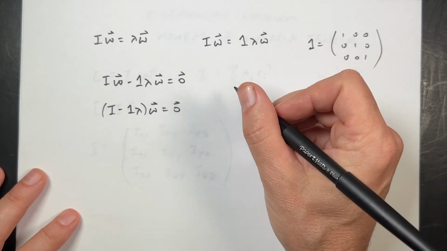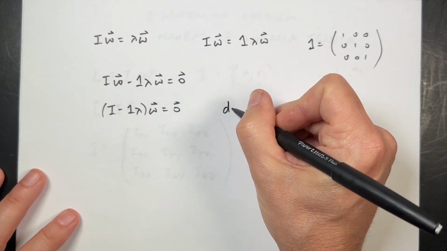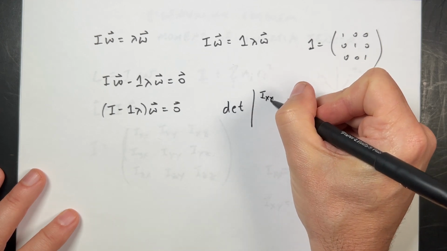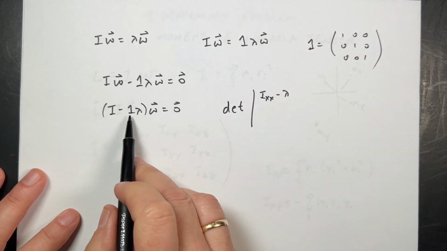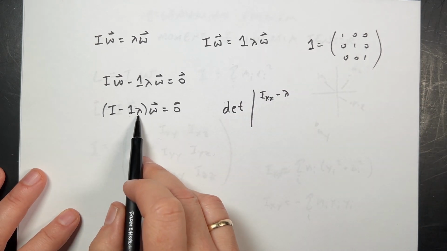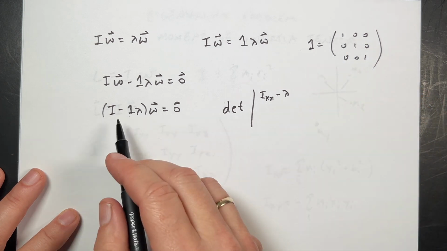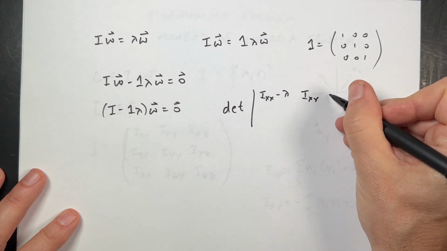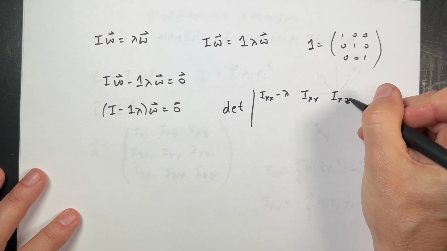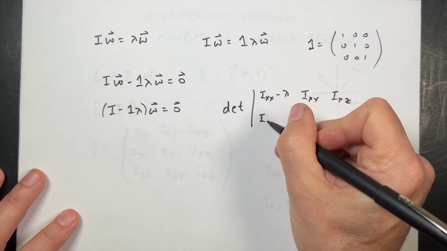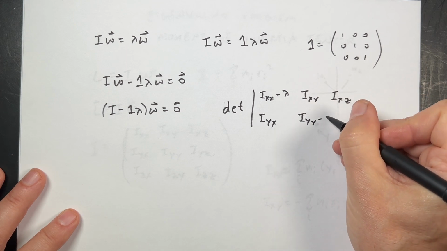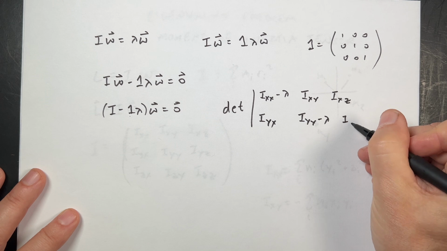So putting it all in, I'm looking for the determinant of Ixx minus lambda, because once I take 1 times lambda, all these are lambdas, and I'm subtracting them. And then I have Ixy, Ixz, Iyx, Iyy minus lambda, Iyz.